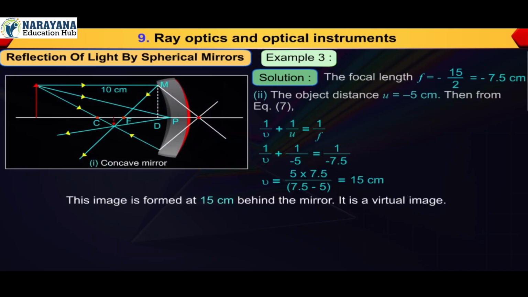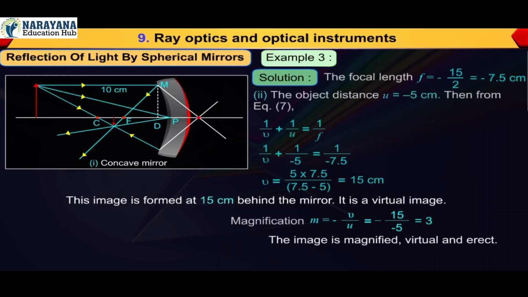This image is formed at 15 cm behind the mirror. It is a virtual image. Magnification m is equal to minus v upon u is equal to minus 15 upon minus 5 is equal to 3. The image is magnified, virtual and erect.